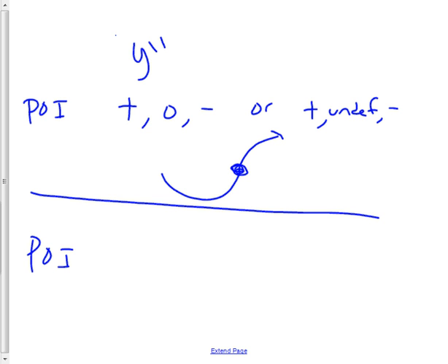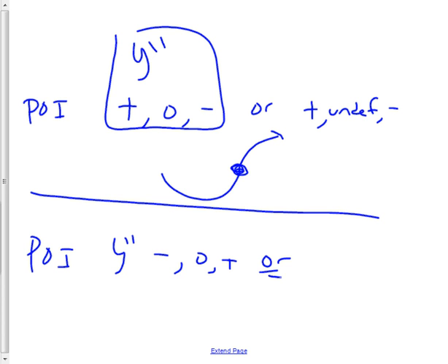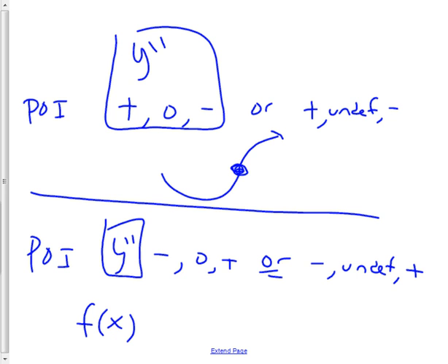Similarly, if my y double prime goes from negative to 0 to positive, or from negative to being undefined to positive, then my function itself, f of x, will go from being concave down to concave up, having this point of inflection.